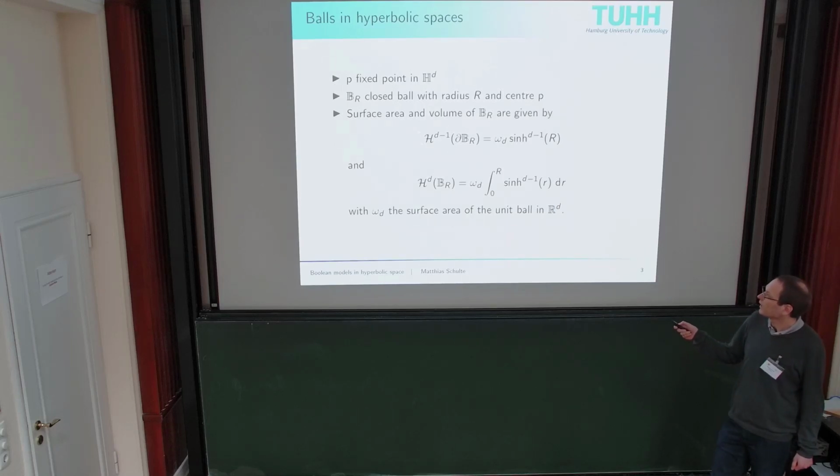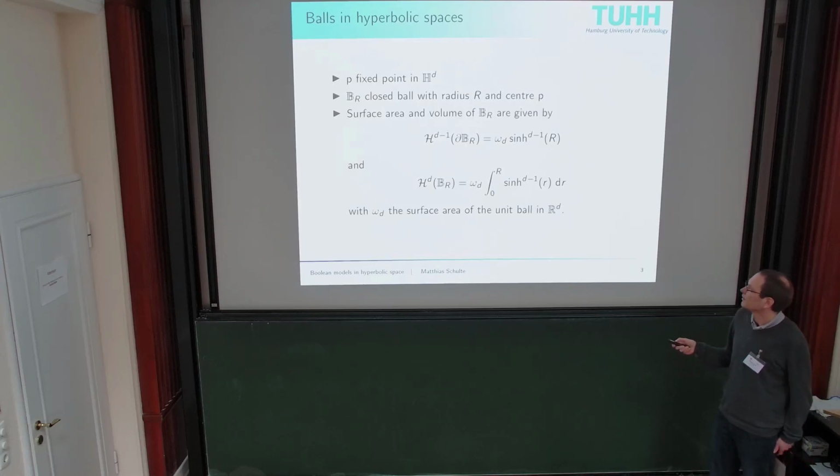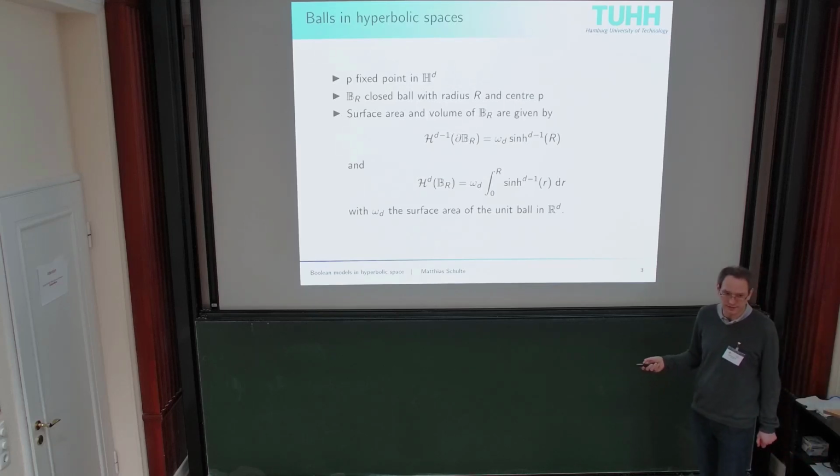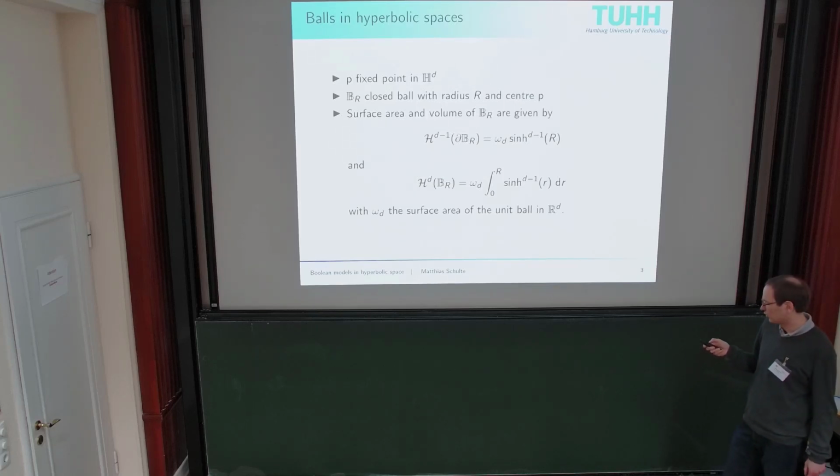Here we have the surface area and the volume of a ball with radius R in hyperbolic space. And we are interested in the asymptotic behavior as R goes to infinity. What you can see here is that for R going to infinity, the order of the surface area and the volume are the same, and this will be essential later.